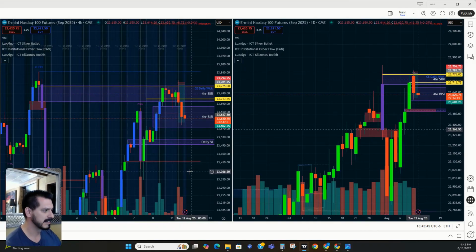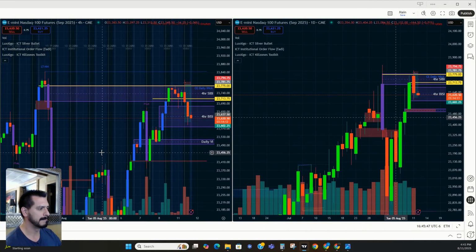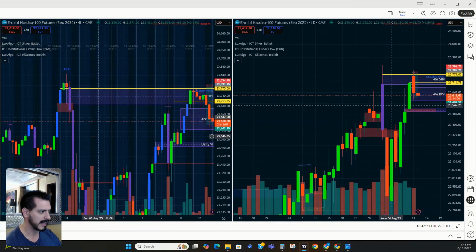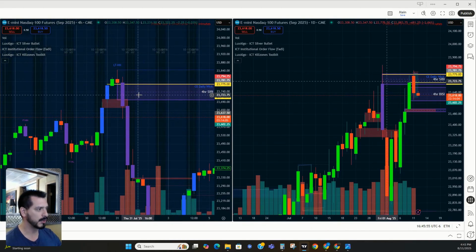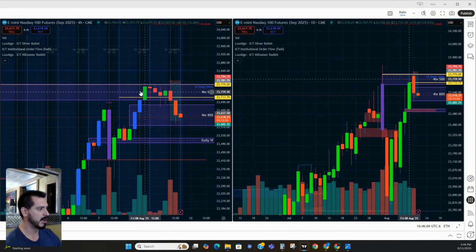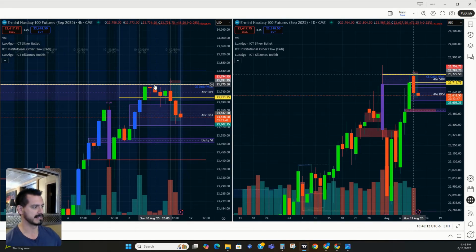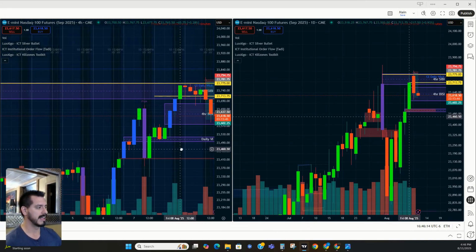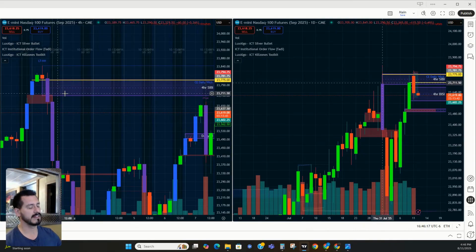Now, if we look at it, we want to make note of the SIBI that we were in. I really want to show you exactly the premise of the trade. This was very important because we were trading in it this morning. I saw relative equal highs, which included Asian and London highs, and that's very important, coupled with the 4-hour SIBI that we were in.